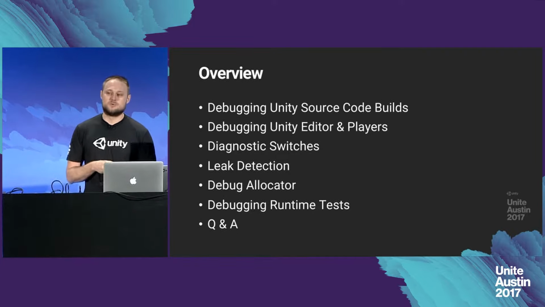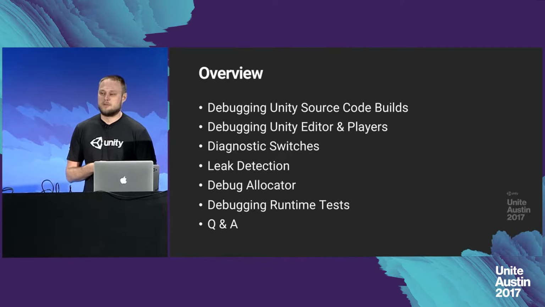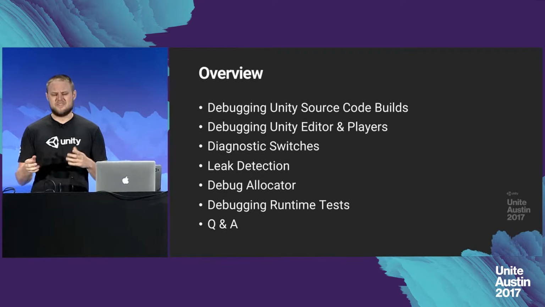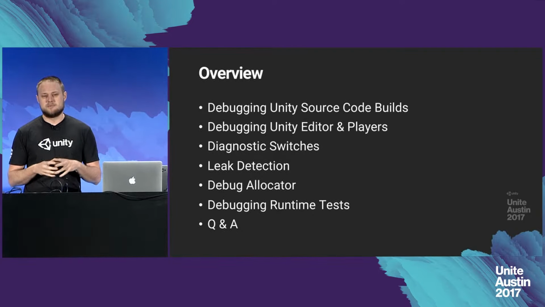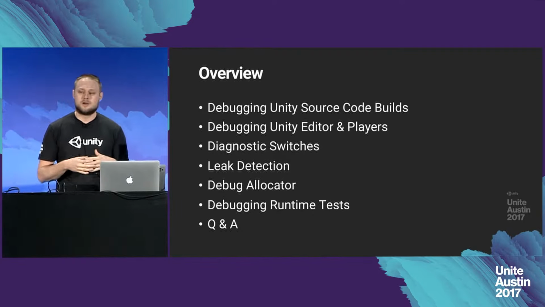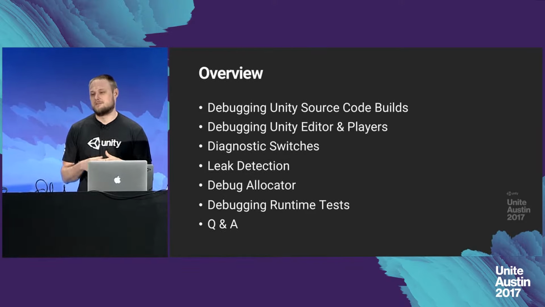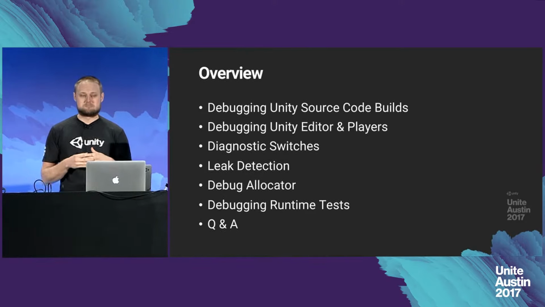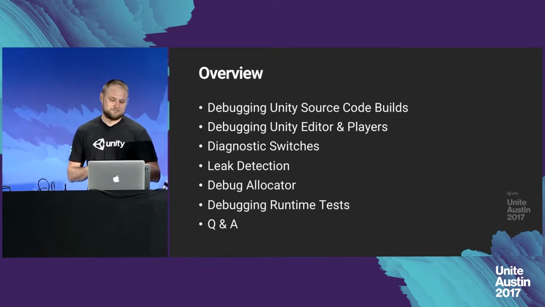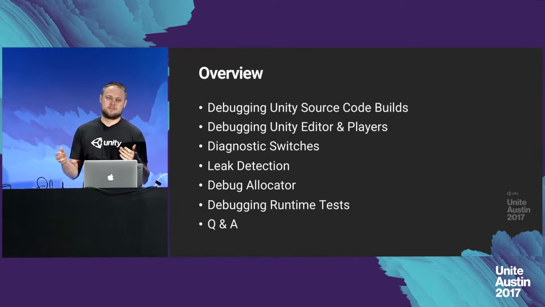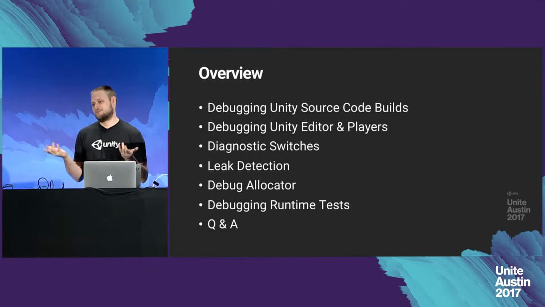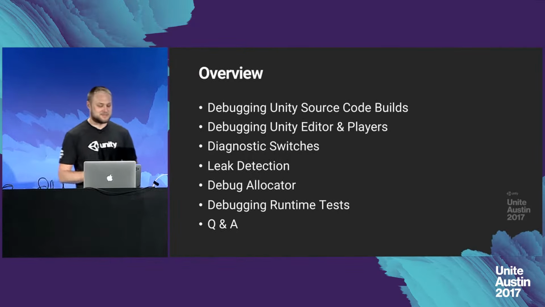These are different tools in the code base that you can use to help debug some issues. And then lastly, I'm going to cover debugging runtime tests really briefly. It's not very difficult, but if you don't know what to do, it can be hard to understand. And then we'll have some time left over for Q&A, although it seems like you guys are not the question-asking type, so we'll see if you have any questions.